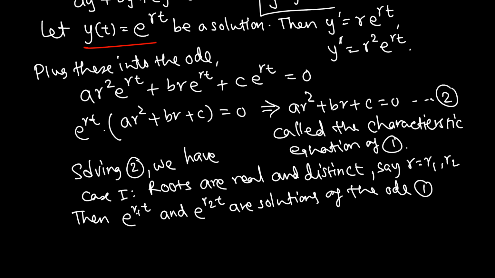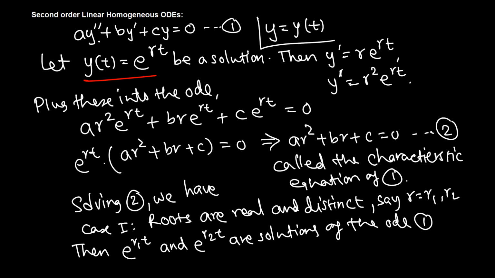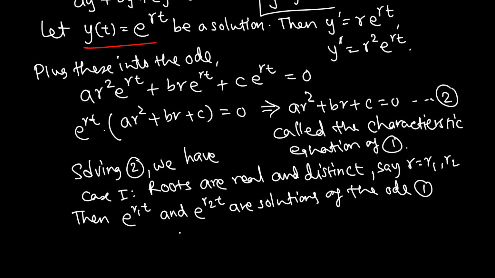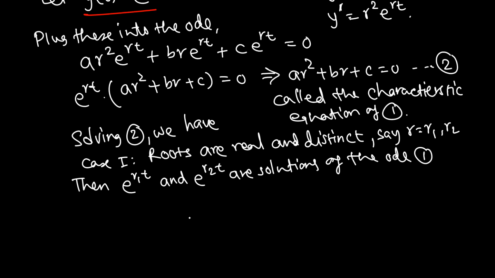And note that since r1 and r2 are distinct, the second solution is not a constant multiple of the first. That means these two functions are linearly independent. Second order means we can have at most two solutions, so we have two linearly independent solutions. That means these two solutions form a fundamental set of solutions.